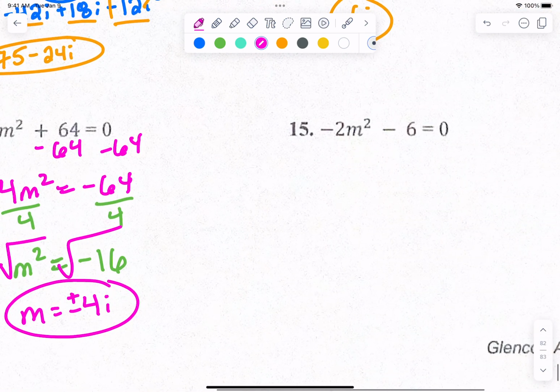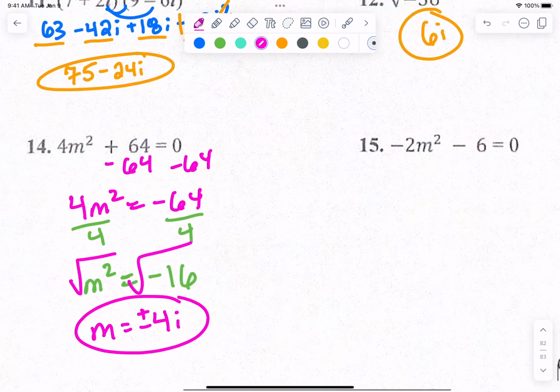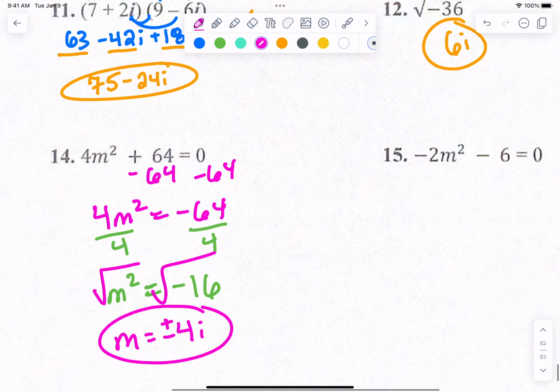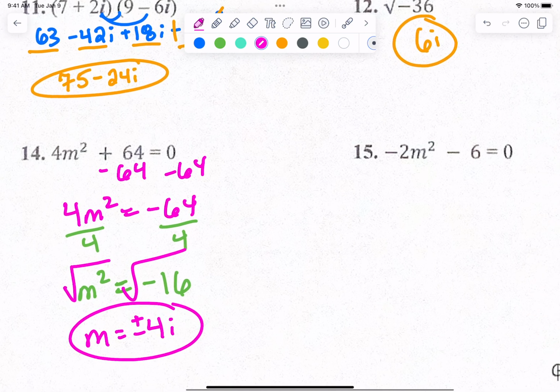You want to try to do 15 by yourself? Yes. This one doesn't come out nice. You just leave it as a square root. Do 15. Okay, got done. I can't see it.